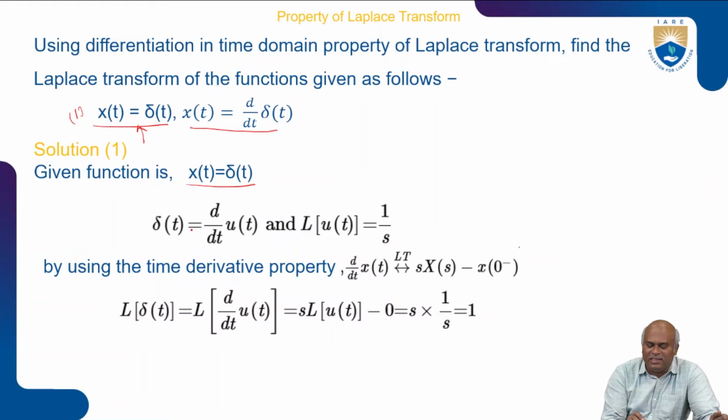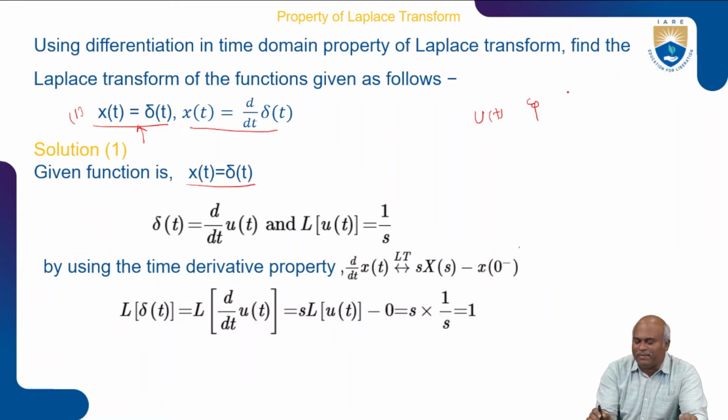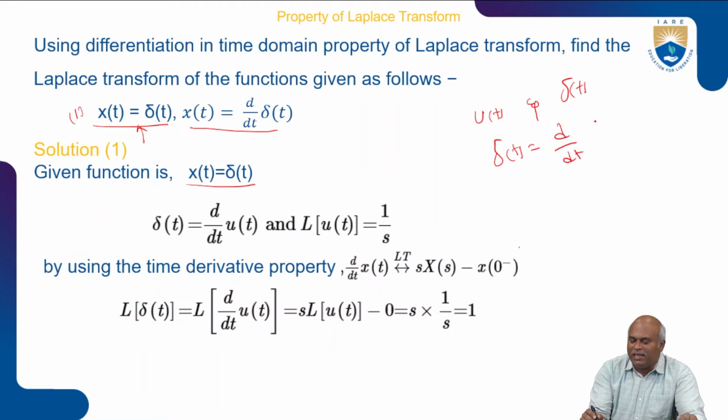Del of t is equal to d by dt u of t. We studied the relation between u of t and del of t. What is the relation between u of t and del of t? If you need del of t, you can differentiate the unit signal with respect to time, then we get del of t.